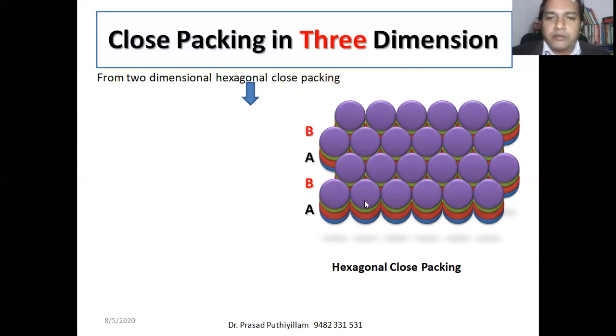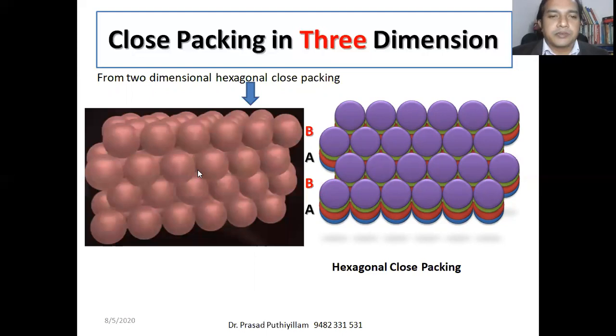Okay, so here when we placed it, it looks like it is AA type, but when we observe the molecular structure from the top, it will look like this. Three-dimensional arrangement will be like this. Okay, so here we can see it is exactly AB type arrangement.